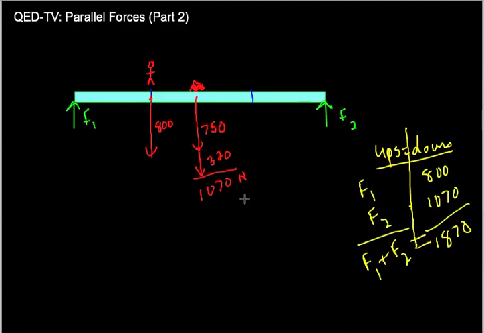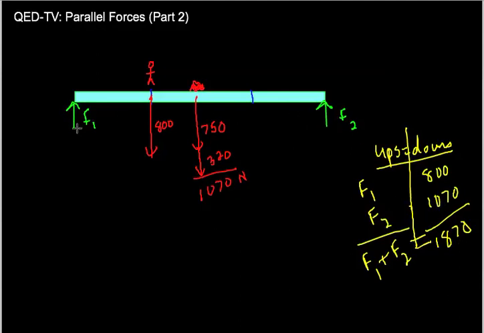Now, I think it's common sense that F1 and F2 are not going to be equal themselves. They would be equal if this guy happened to jump up on top of these bricks. Then all the weight, the bricks and the scaffolding and the guy, would all be in the center, and so it would be evenly distributed amongst F1 and F2. We could just take half of 1870.